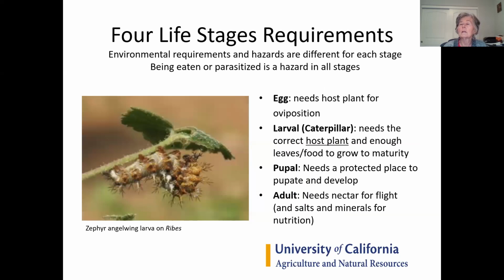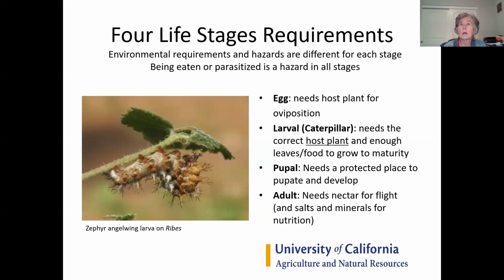Each life stage has a different requirement, and be aware that the environmental requirements and hazards are different for each stage. Being eaten or parasitized is a hazard at all stages. The egg needs a host plant for oviposition. That just means the position where the egg hangs or attaches itself. The larval or caterpillar stage needs the correct host plant.